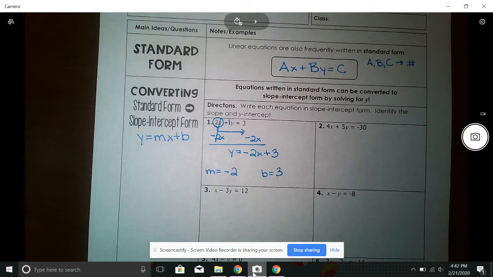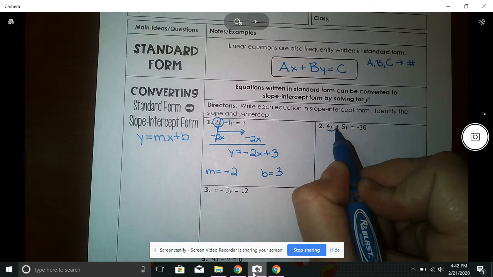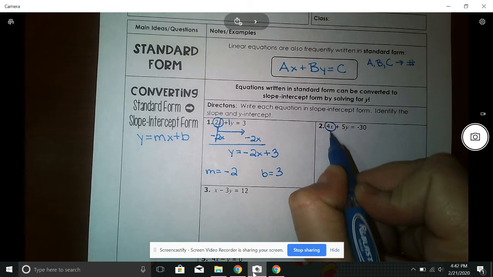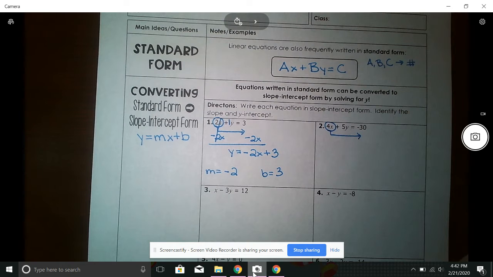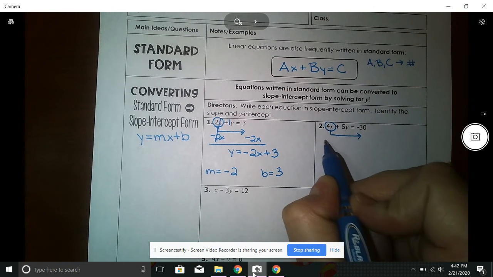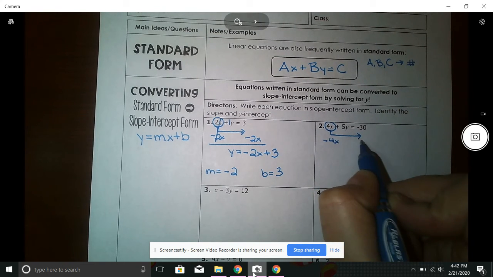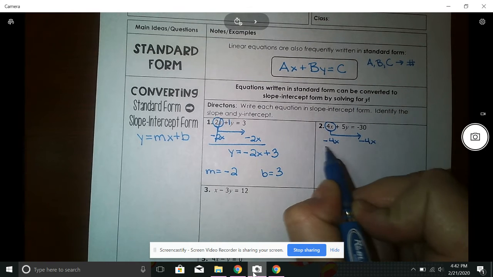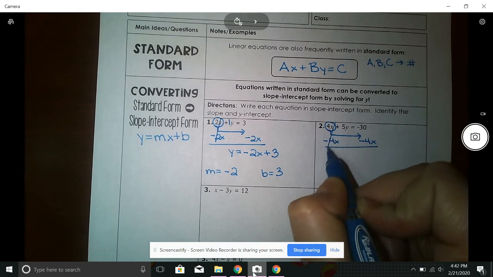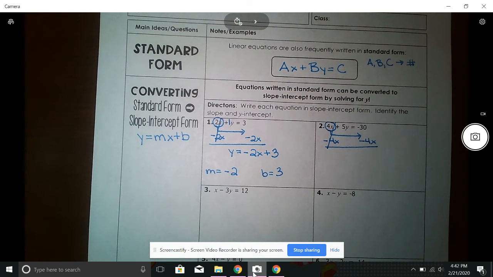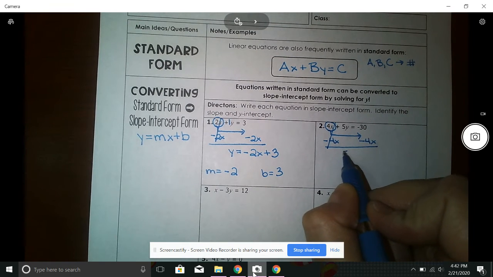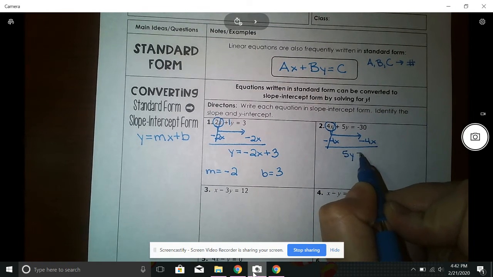All right, let's do another example. Check out number 2. Step 1, I want to move 4x across. To move a positive 4x, I have to subtract. A positive 4x and a negative 4x cancel out, so the only thing left on the left side is 5y.